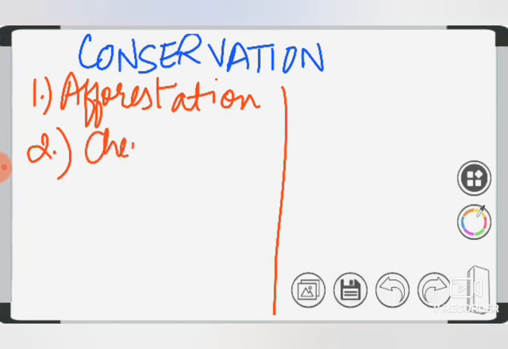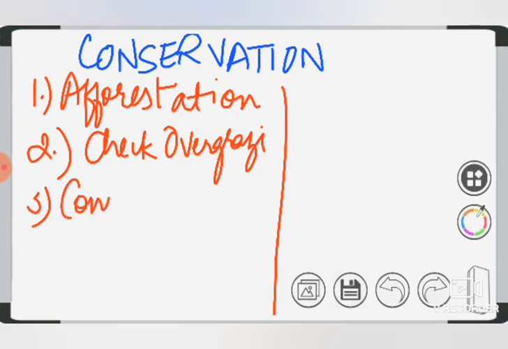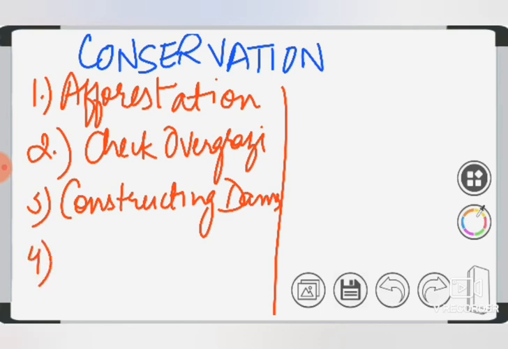Check overgrazing. If overgrazing is done, it should be checked. Dams should be constructed. Then comes legal banning.